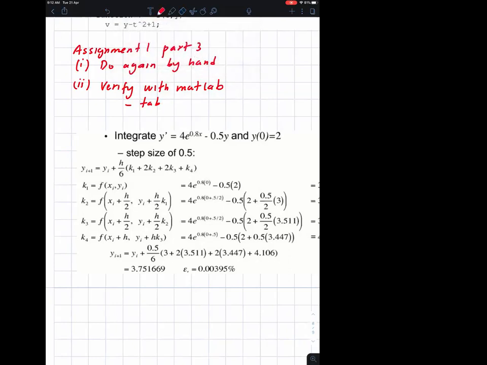Please be very neat. Tabulate the answer, and make sure you include the MATLAB code. Please do not Xerox copy your friend's MATLAB code. If I see two codes the same, include MATLAB code.